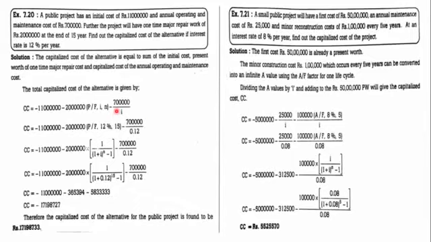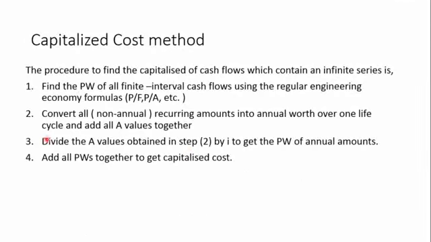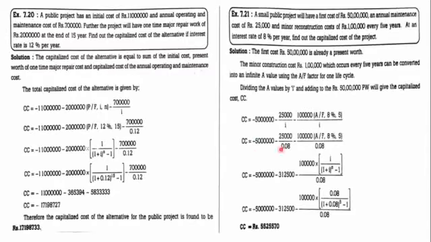Hence they are not using any engineering formula here, they are simply dividing by the I. This is the third step, for a non-recurring or non-annual amount, we divide only by the rate of interest. There is no time period given here, hence 70 lakh rupees divided by 12.